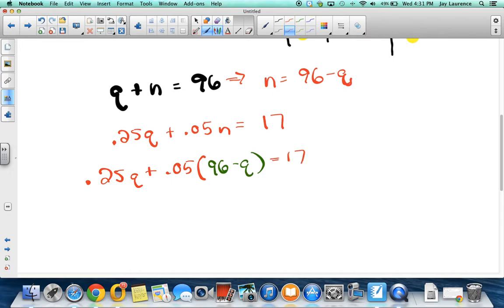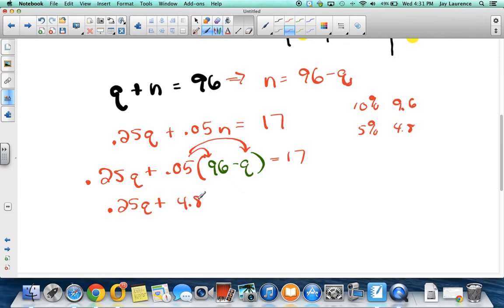Then I'm ready to distribute here, right? And so I'm going to get 0.25Q plus, let's see, 10% would be 99.6. That's 10%. So 5% would be half of that. I'm thinking 4.8. Yeah.